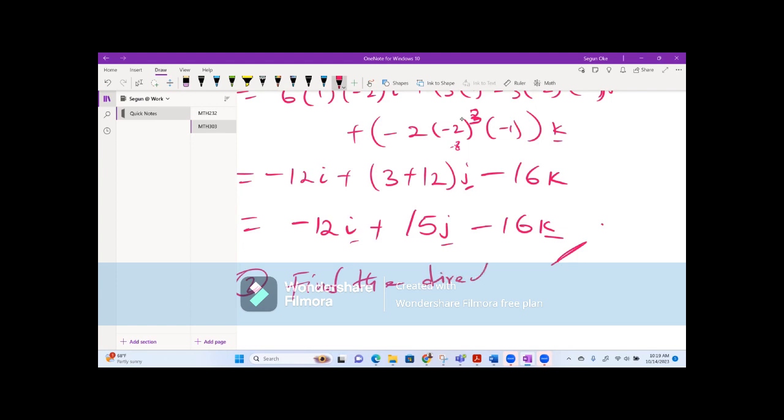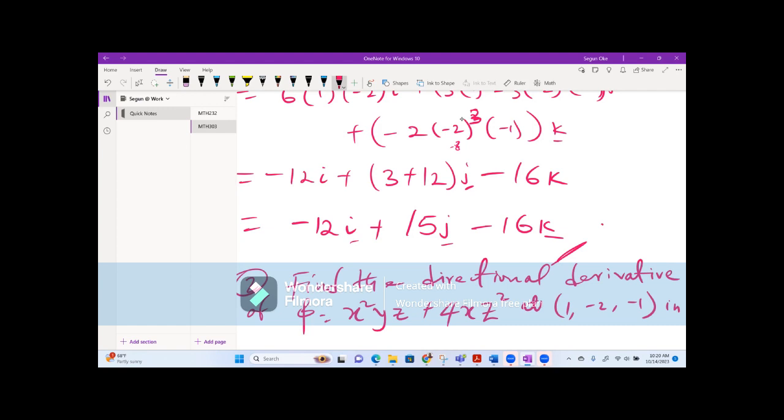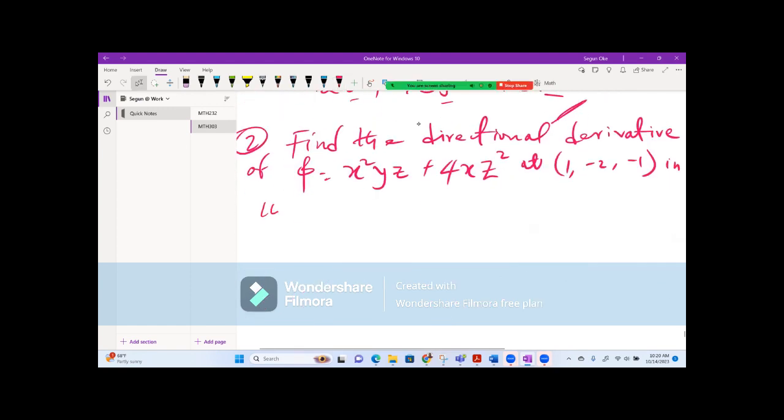Find the directional derivative of phi equals x squared yz plus 4x z squared at 1, comma, minus 2, minus 1, in the direction 2i minus j minus 2k.